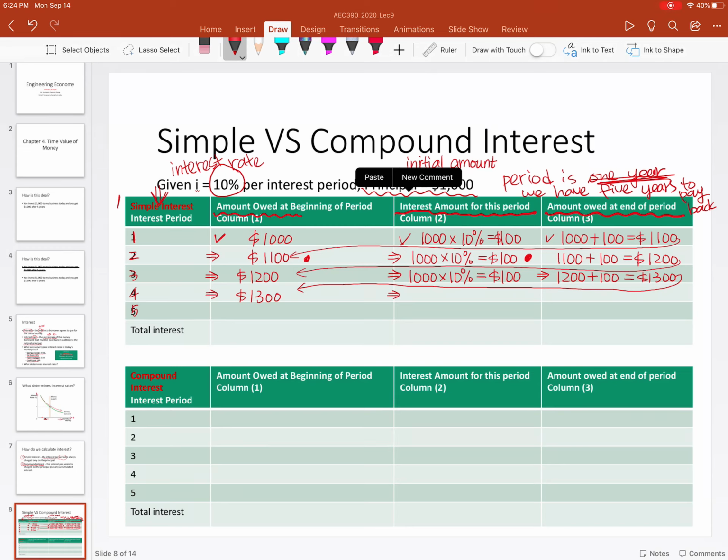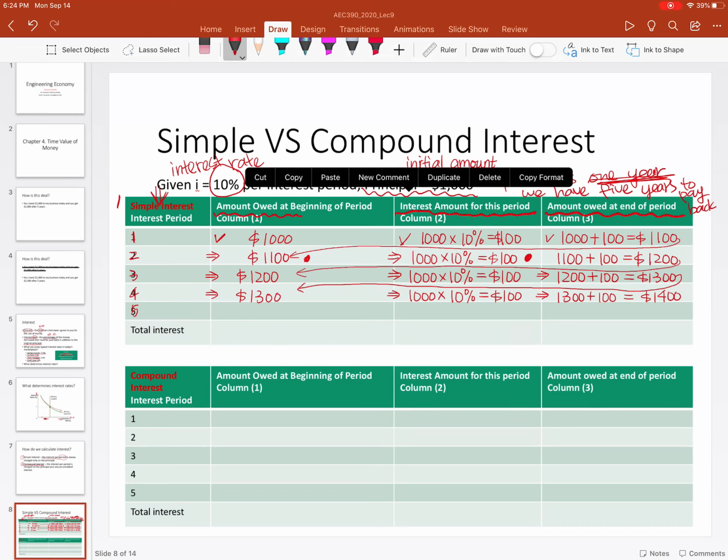And in the fourth year, the interest you need to pay is still the principal, 1,000, times the 10% interest rate. So it's 100. And then at the end of the fourth year, how much do you owe? You owe them 1,300 plus that interest. And then it's going to be 1,400.